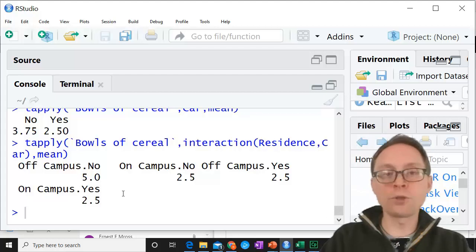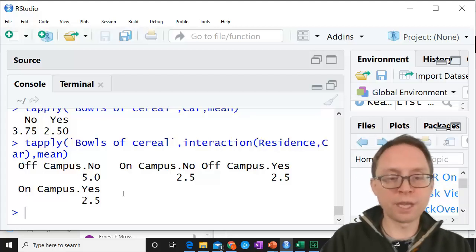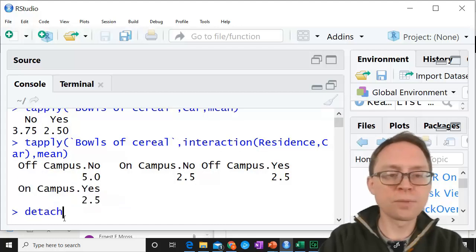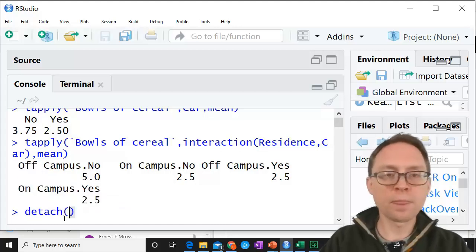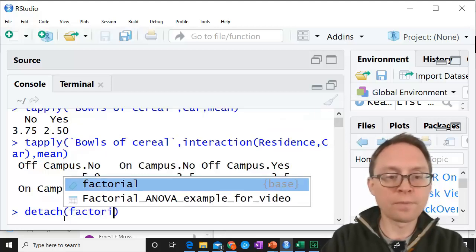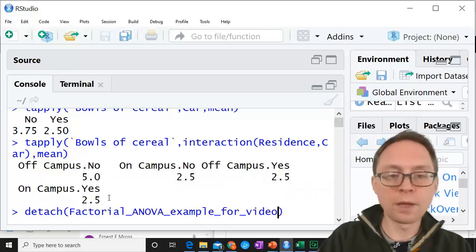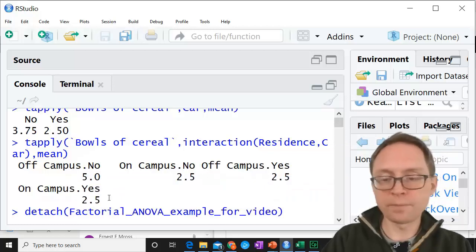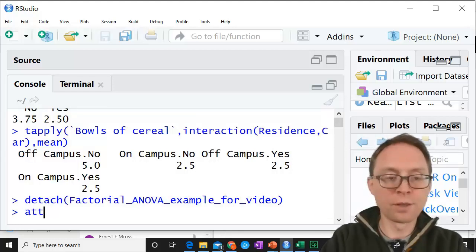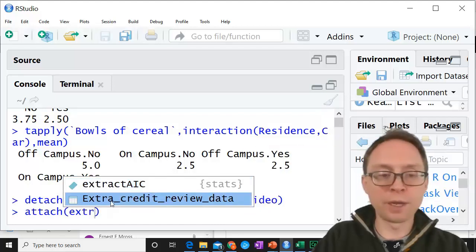Okay, now I want you to try it with a new set of data. So I'm going to detach this and give you the new set of data. I'm going to detach factorial, and we'll use a different set of data. Now I had used this for an extra credit thing in a previous semester, so that's why it's called what it's called, extra credit review data.